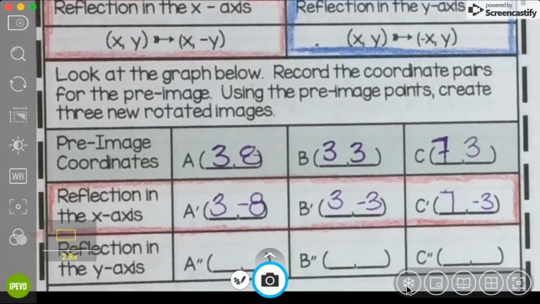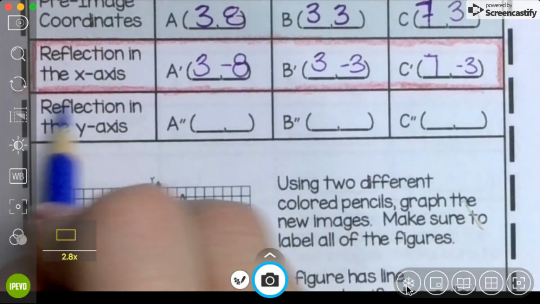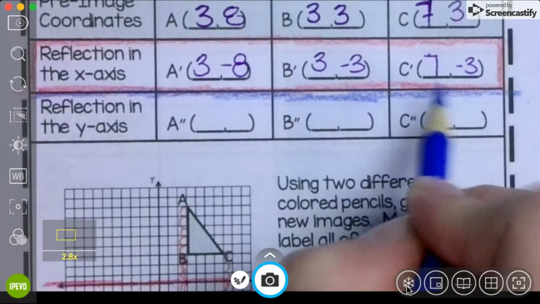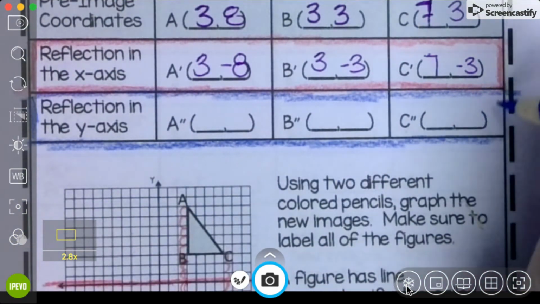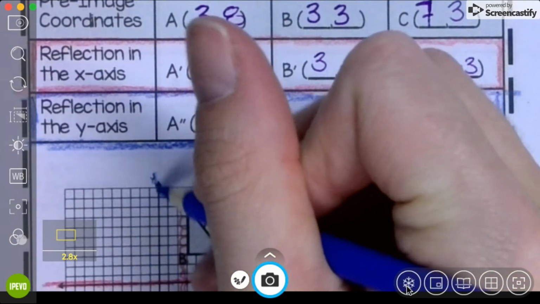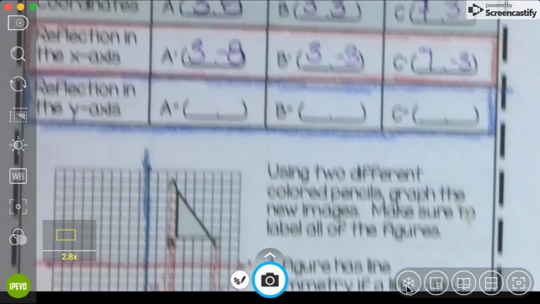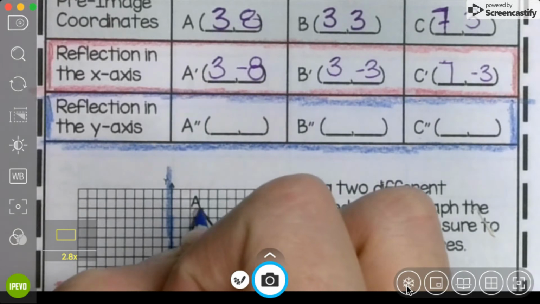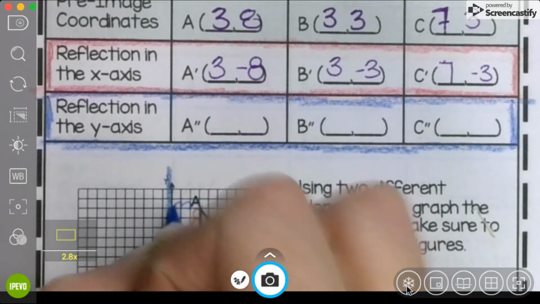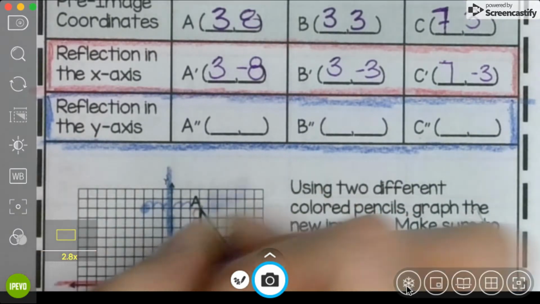So we're going to do the same thing, and we're going to reflect this across the y-axis now. We're going to use the same strategy, only we are going with the up and down axis because that's our y-axis. Okay? So A is 1, 2, 3 away, so I'm going to go 1, 2, 3 away.